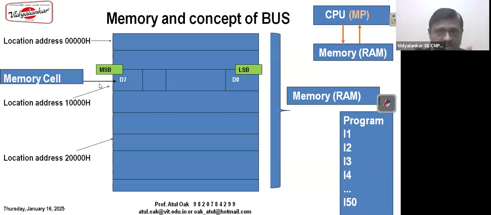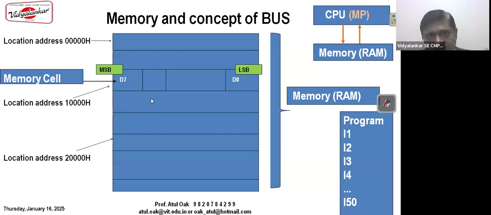So address bus carries information where to go in memory or where to go to input device or output device. Let us assume my processor understands I have to go to location 10000H for hexadecimal, of course through address bus.